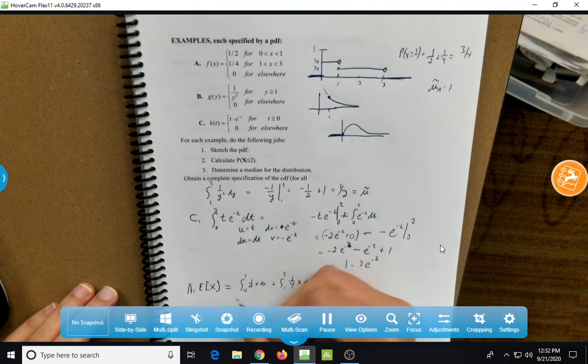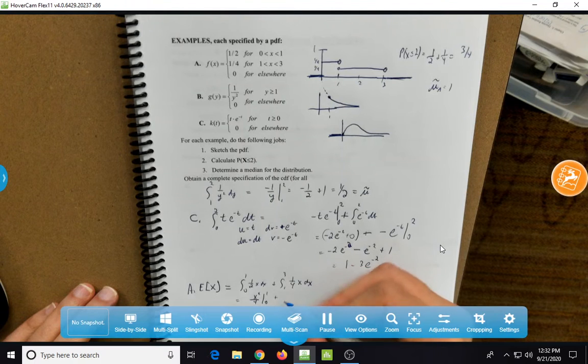Okay, so add 1 to the power, x squared, divide by that power, so 2 times 2 is 4. Go from 0 to 1, 1/4, actually 1/8 x squared.